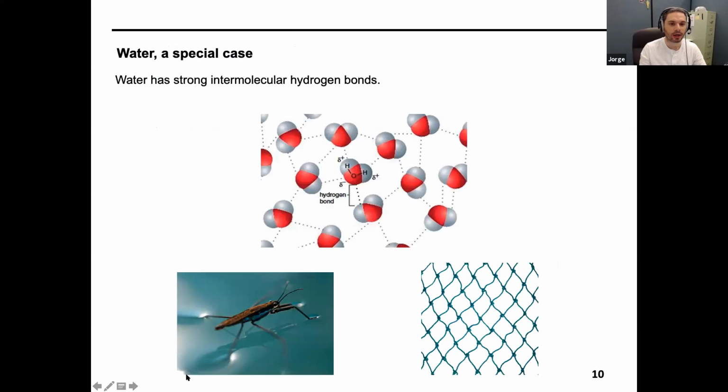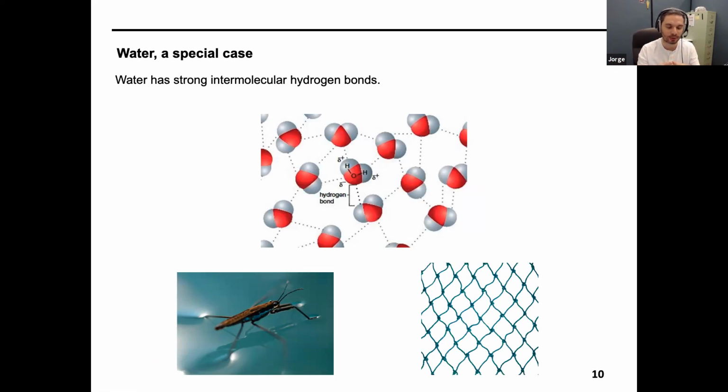Because water has very strong intermolecular hydrogen bonds, it has a very high surface tension, and this surface tension is so high that it can support small insects on the surface.